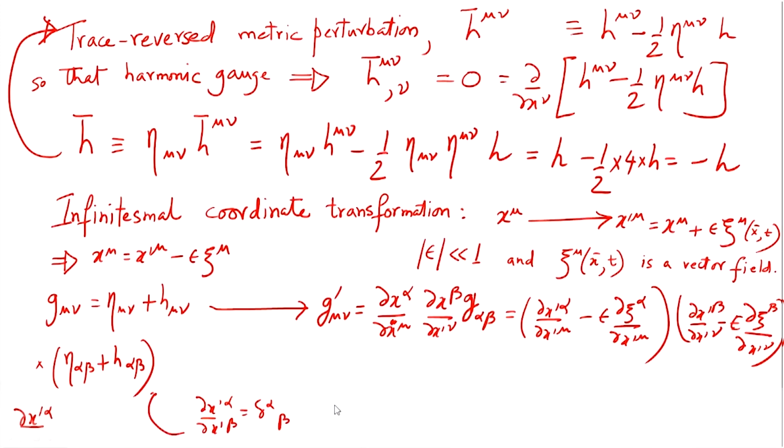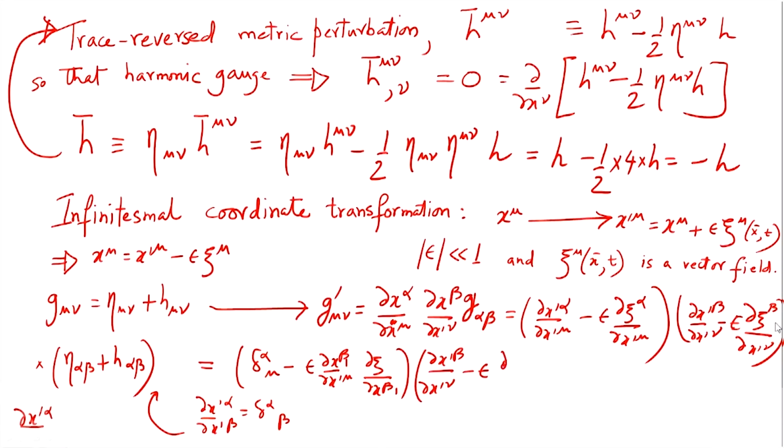Because of this, the result simply becomes δ^α_μ − ε ∂ξ/∂x'^μ. Because there is a derivative with respect to x', I can always write it as ∂x^β1/∂x'^μ times ∂ξ/∂x^β1, multiplied by ∂x'^β/∂x'^ν, which is of course δ^β_ν.